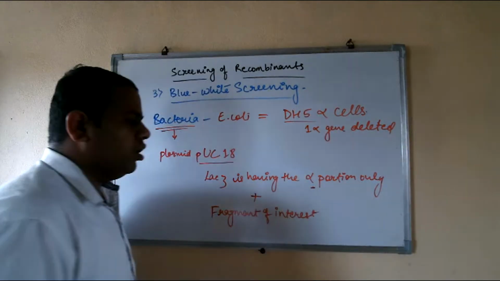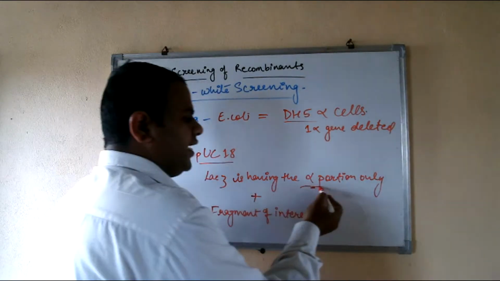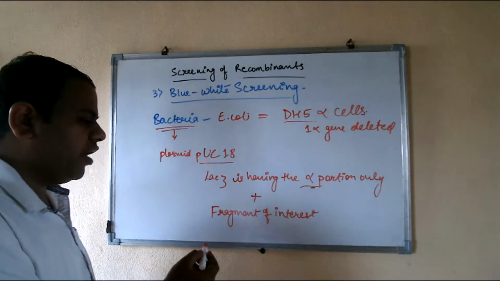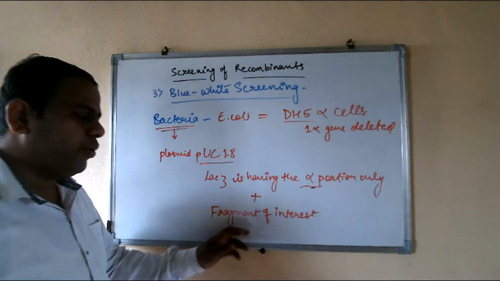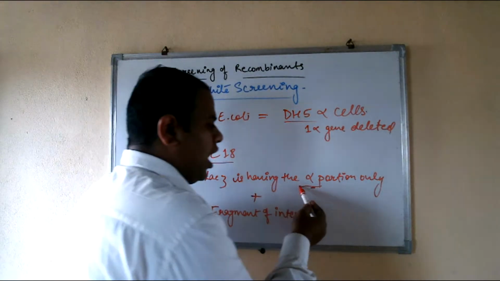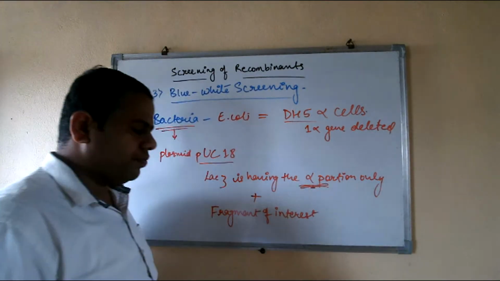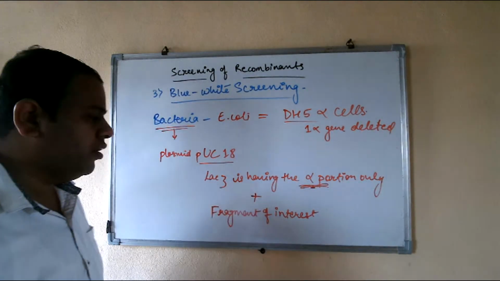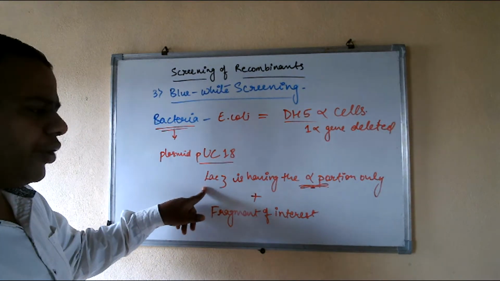Suppose this alpha portion is intact here, and you are going to add your fragment of interest into this particular gene, the alpha portion gene.